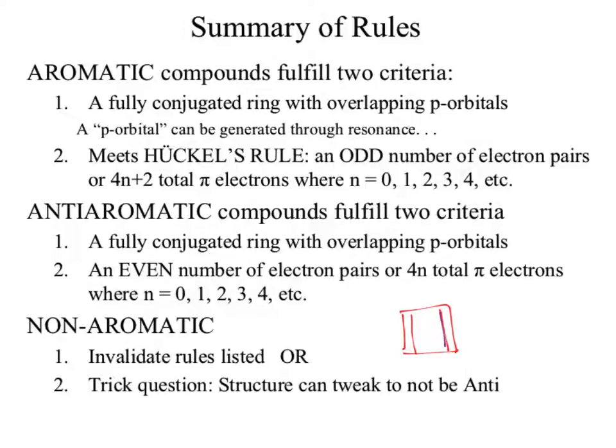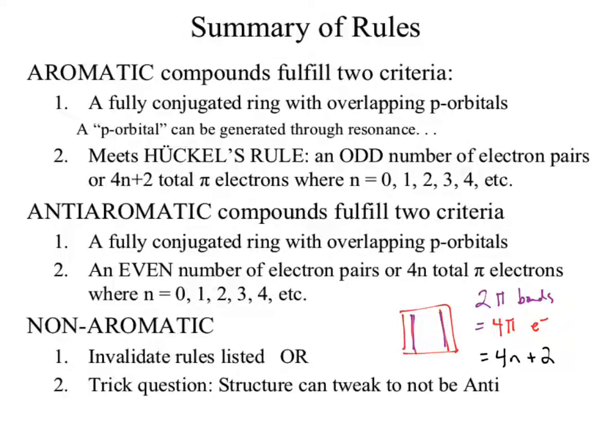With 2 pi bonds, I have a total of 4 electrons. It's not referencing the number of pairs, it's referencing the number of electrons. So 2 pi bonds equals 4 pi electrons. Huckel's rule is saying that 4 pi must then equal 4n plus 2.